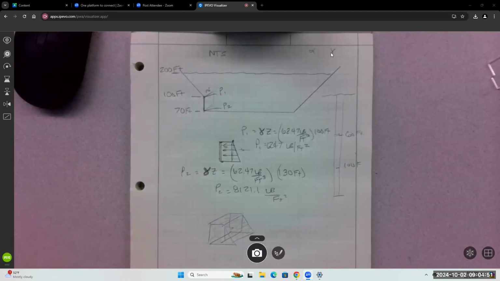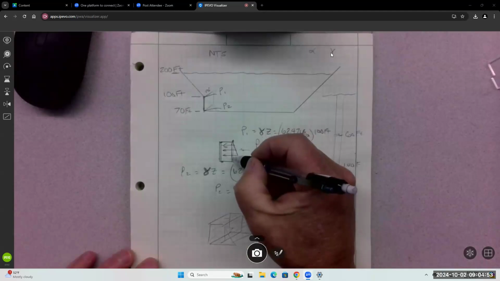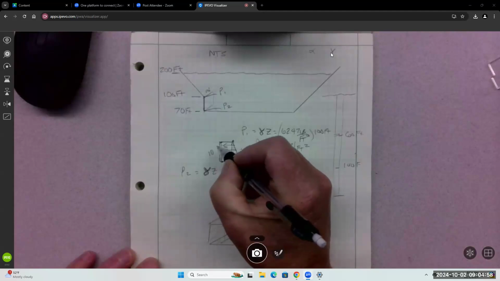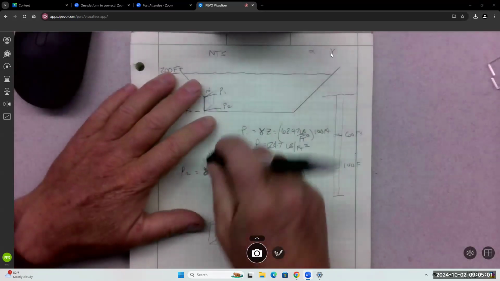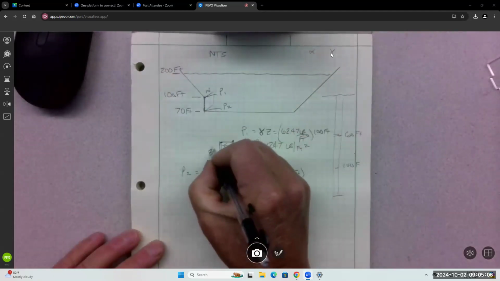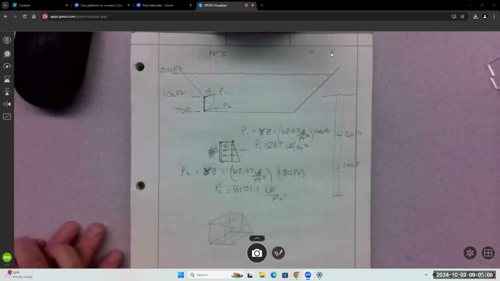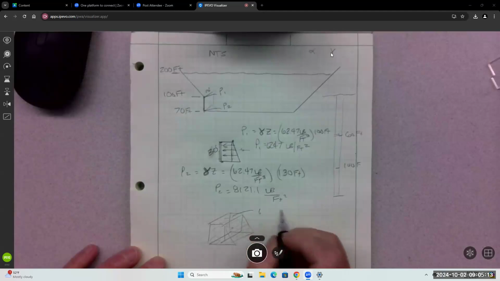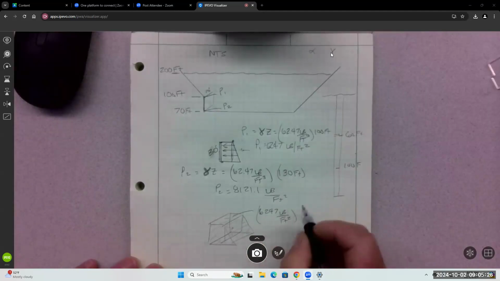So find me the volume. Essentially, you're going to find this area 6,000 times. How big is our plate? 30 feet. I don't know, oh, the 10's the other way. 30 feet. Right. So we can get 6,247 times 30 feet.